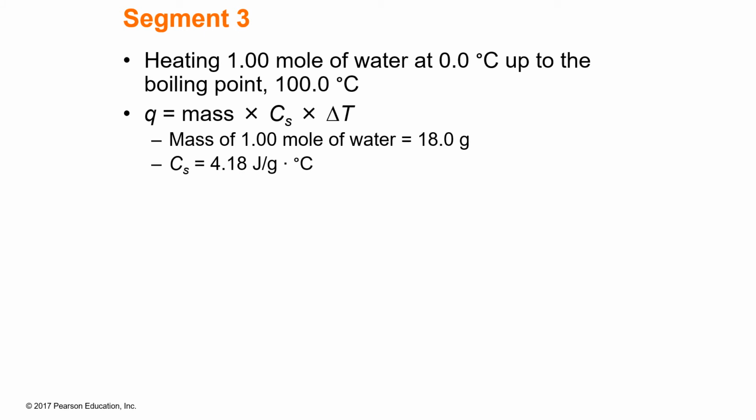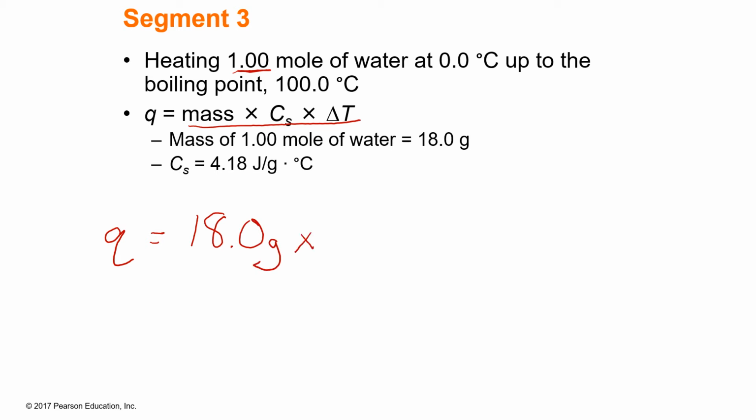Segment 3, we are heating the water from freezing point up until the boiling point. So again, our temperature is increasing and so we're going to use the mass times the specific heat times the change in temperature. So our mass, because we're dealing with 1 mole, is the same as we calculated in segment 1, 18 grams.